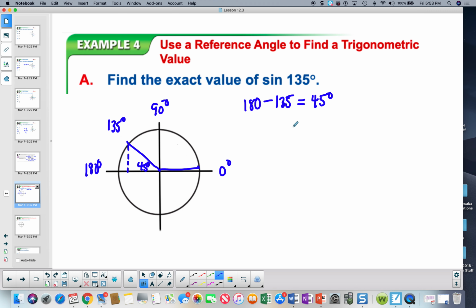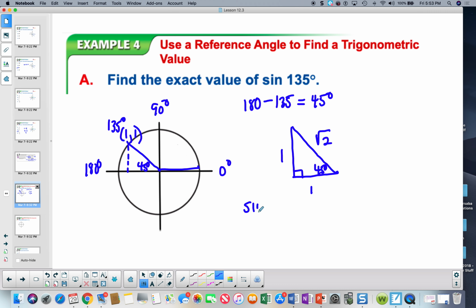Now, let's go ahead and draw a 45-45-90 triangle. So this is 45 degrees, and in a 45 degree triangle we have this relationship of 1, 1, root 2. So you can think about this point right here as (1, 1). And you know the radius right here.